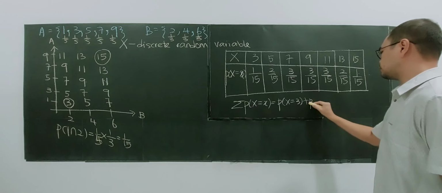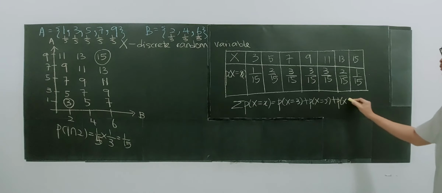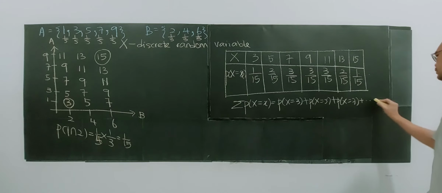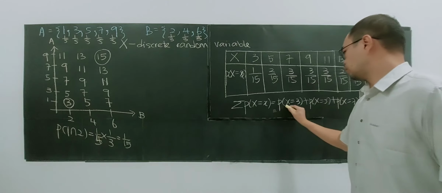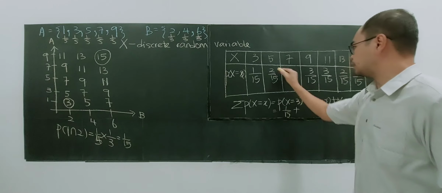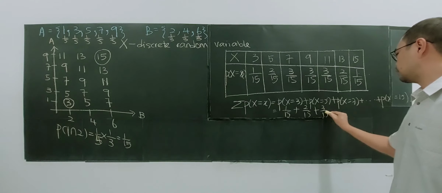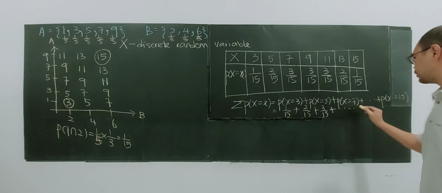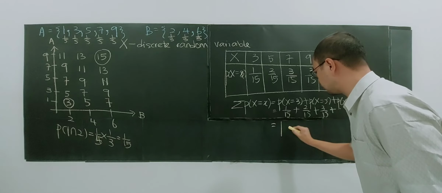If you're hardworking enough, you have to write everything here: 3, 5, 7, until the end, 15. Please be hardworking, writing everything. So it equals 1 over 15 plus 2 over 15 plus 3 over 15, and so on until the end, 1 over 15, which will definitely give you the value of 1.